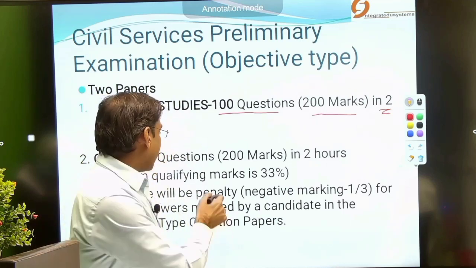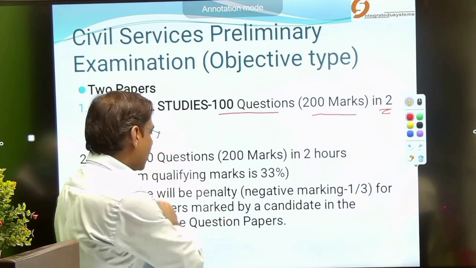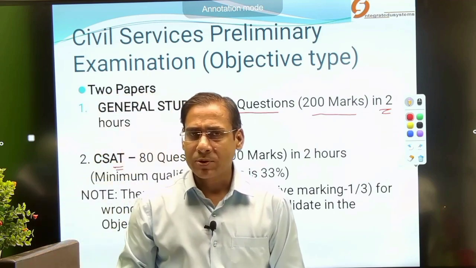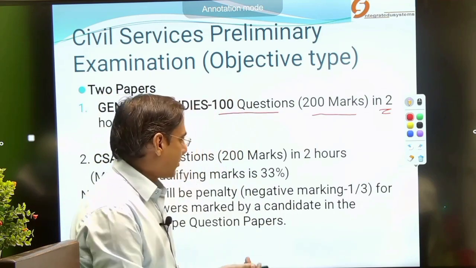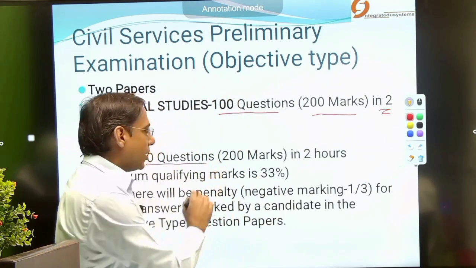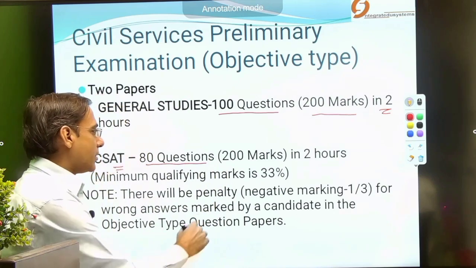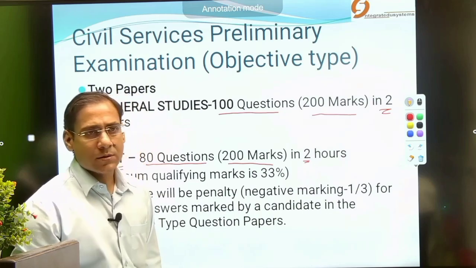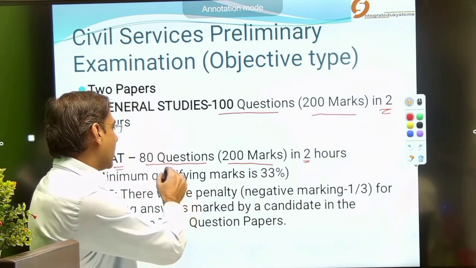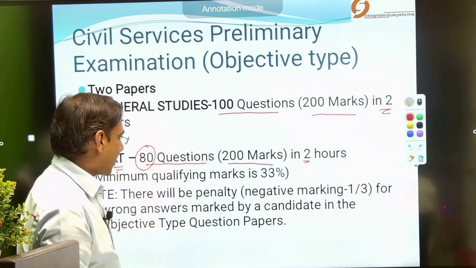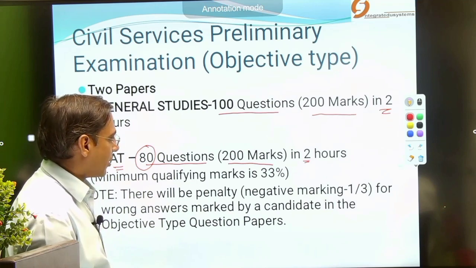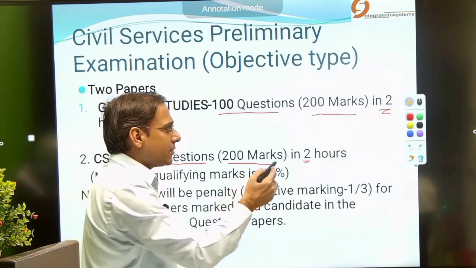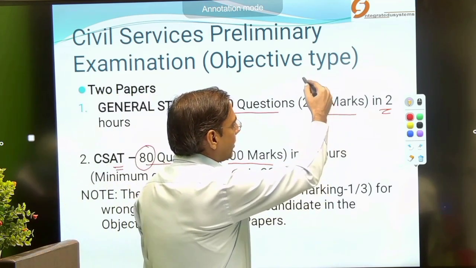The second paper is known as CSAT, Civil Services Aptitude Test. Here there are 80 items only, these items are of 200 marks, and the time awarded is 2 hours. Within 2 hours you have to answer 80 questions.